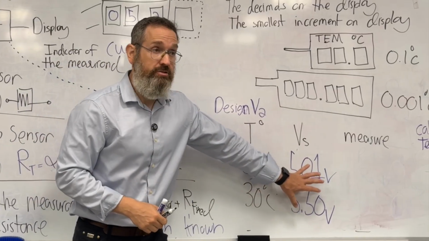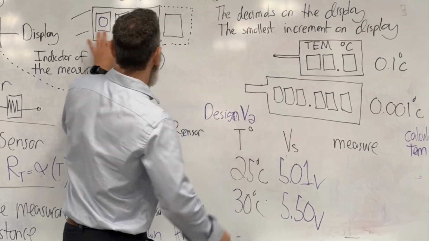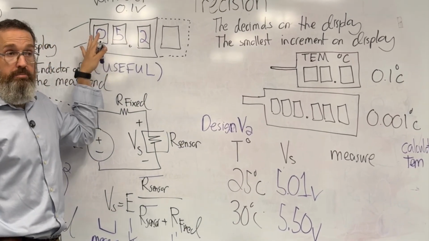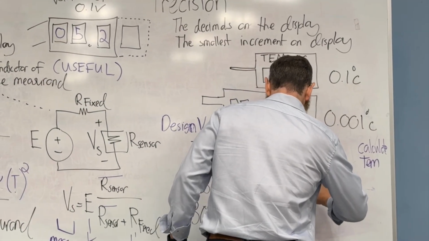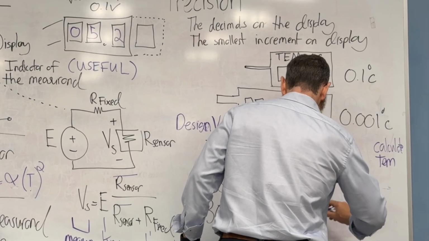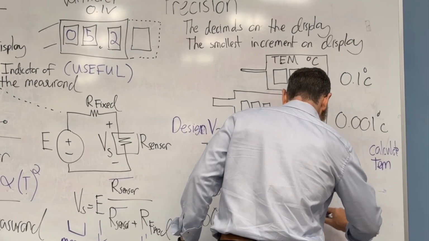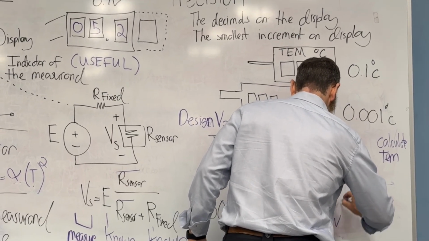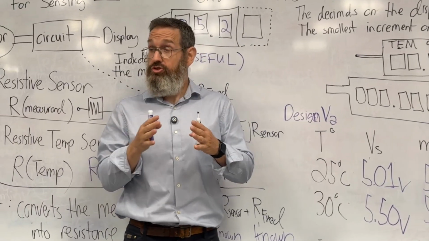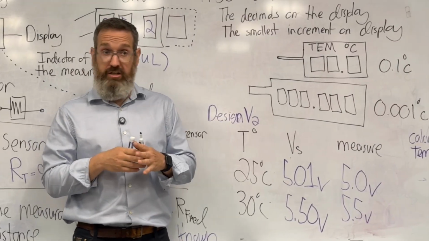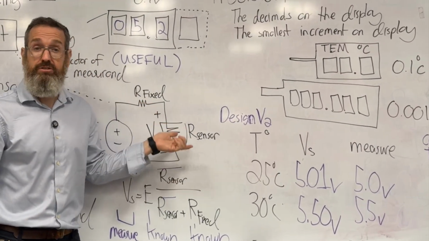In this situation, even with the original meter, we would measure 5.0 and 5.5 volts. Right? With this new circuit, and we talked about last time exactly what you need to do.